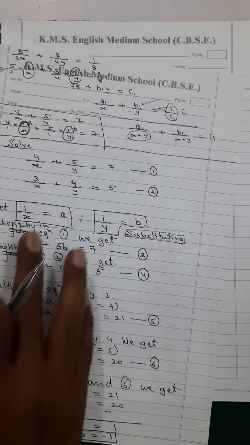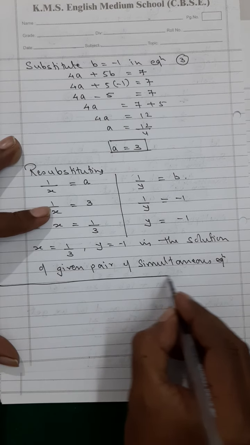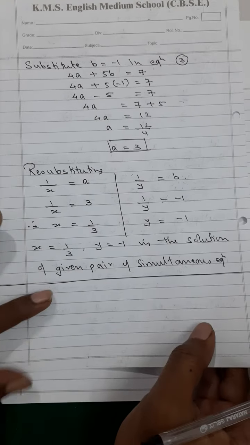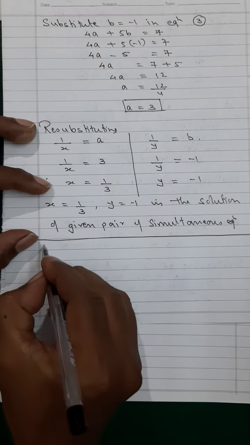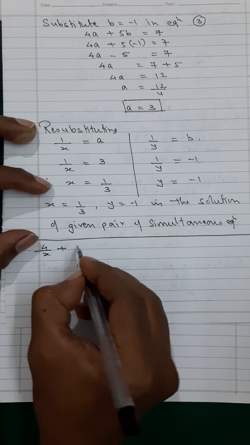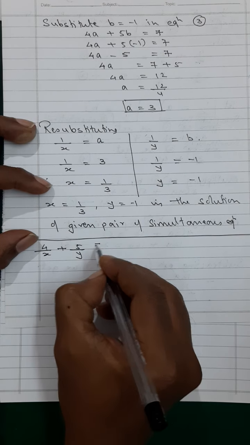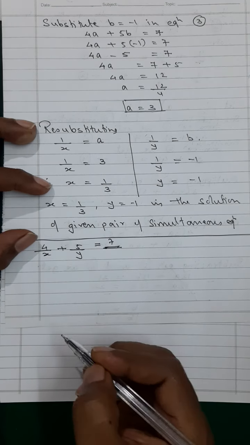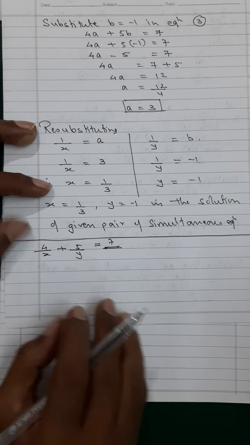We can substitute. This is the rough part, I'm purposely solving over here. 4 upon x plus 5 upon y is equal to 7 was your question. I am now verifying this.